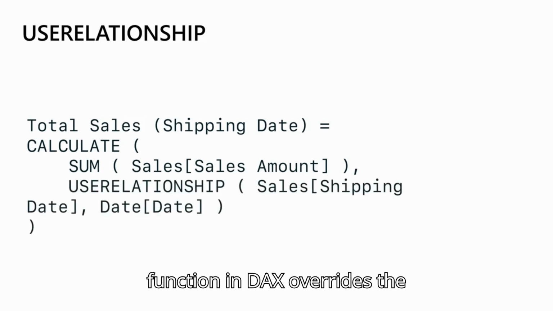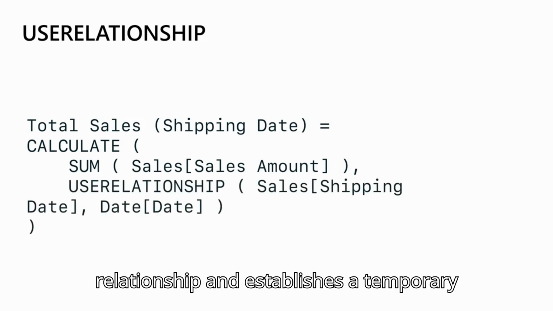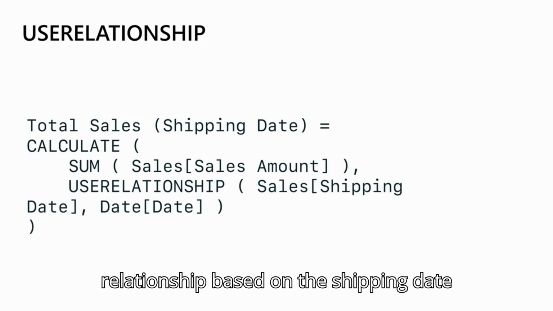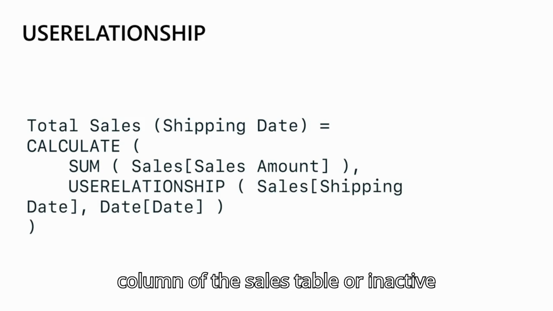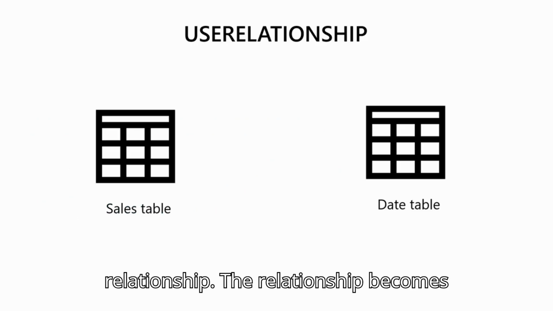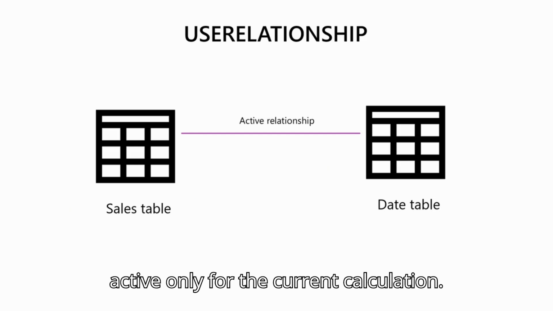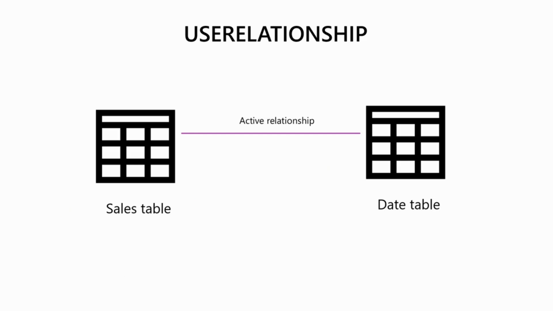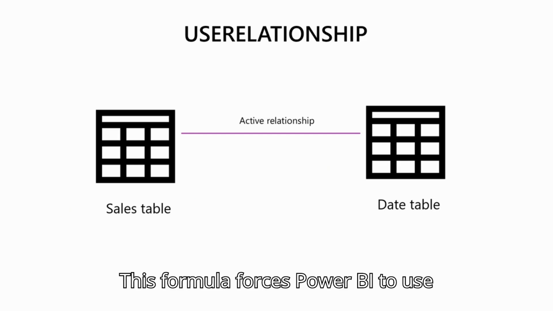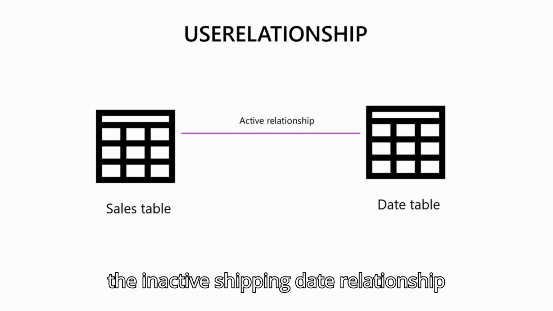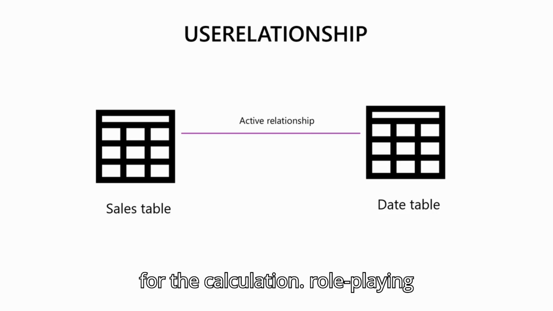The useRelationship function in DAX overrides the relationship and establishes a temporary relationship based on the shipping date column of the sales table, or inactive relationship. The relationship becomes active only for the current calculation. This formula forces Power BI to use the inactive shipping date relationship for the calculation.